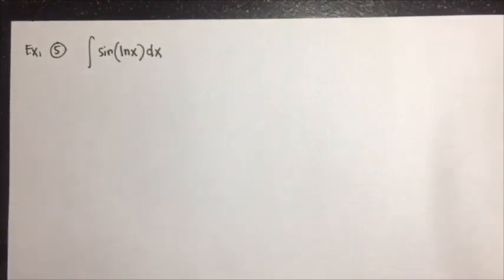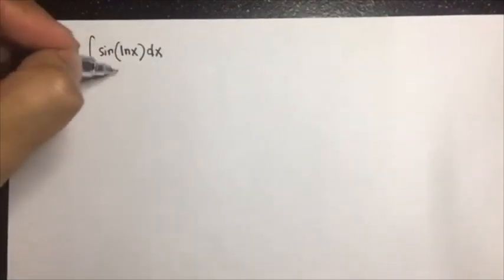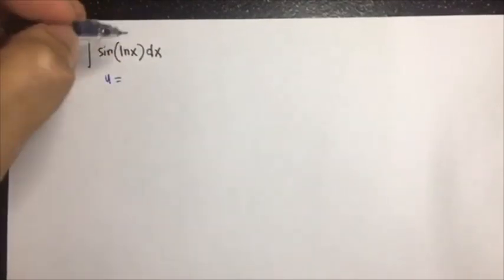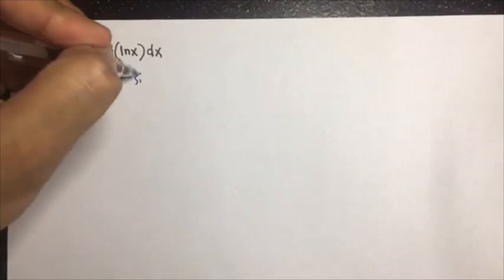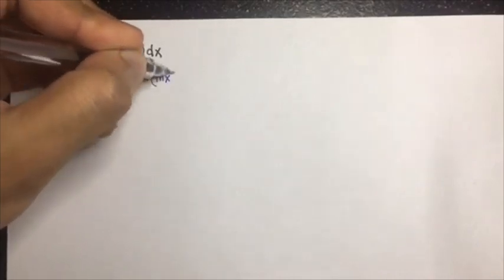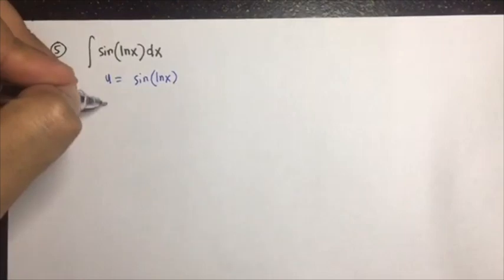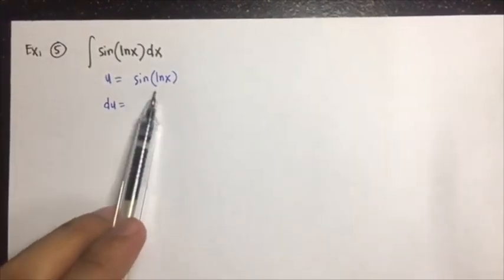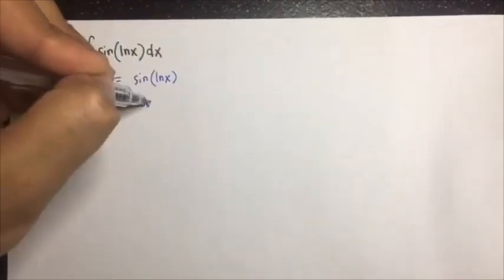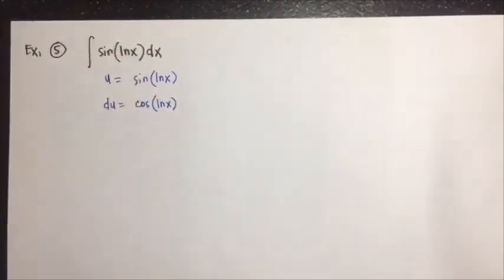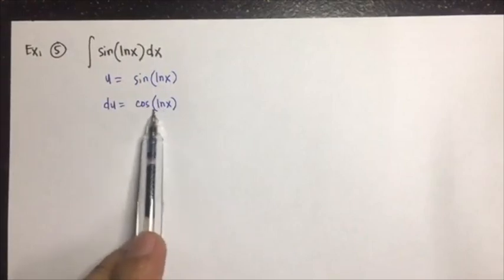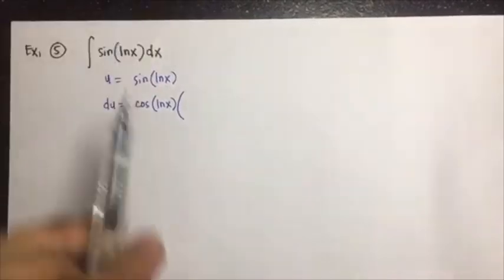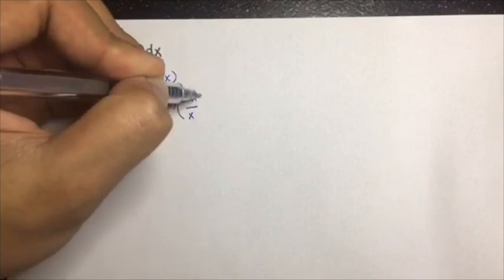By parts, obviously our u would be sine of ln of x. The differential du should be the differential of sine. The differential of sine is cosine, so that's cosine of ln of x multiplied by the differential of the function inside the trigonometric function. The differential of ln of x is dx over x.